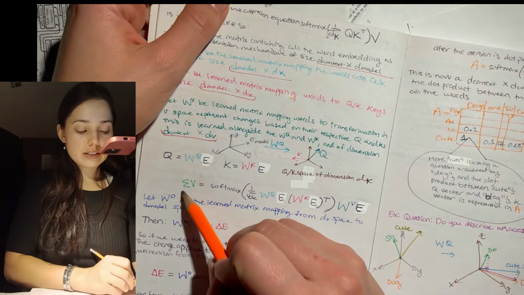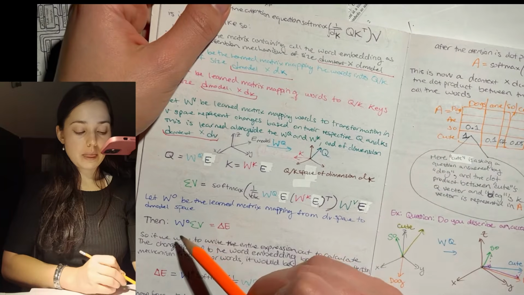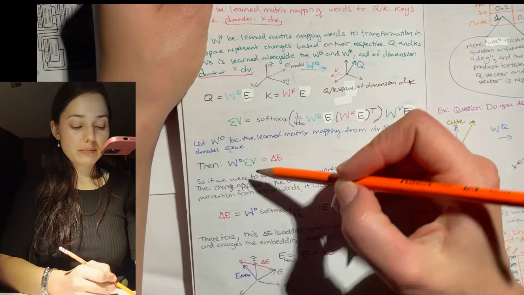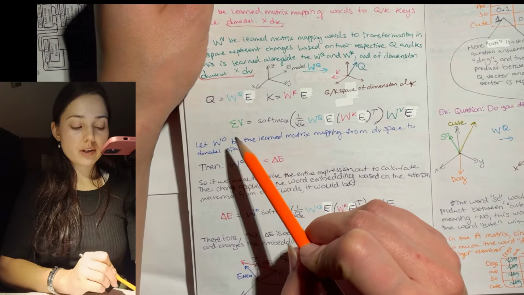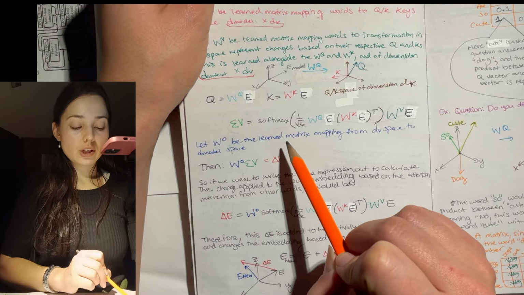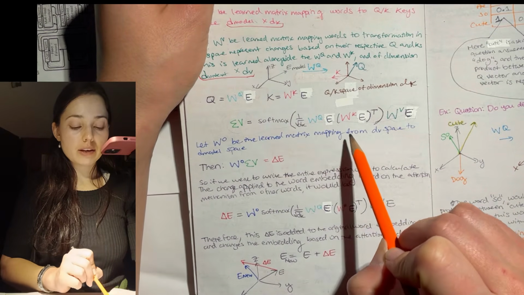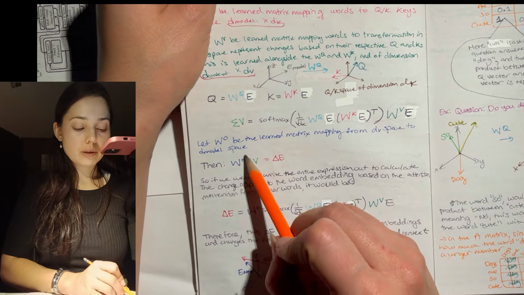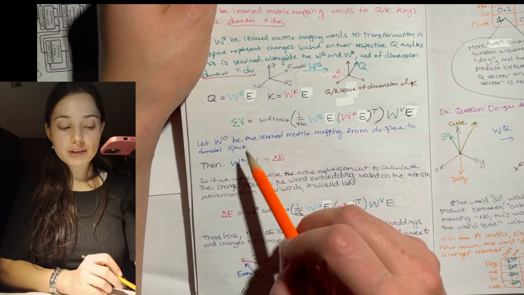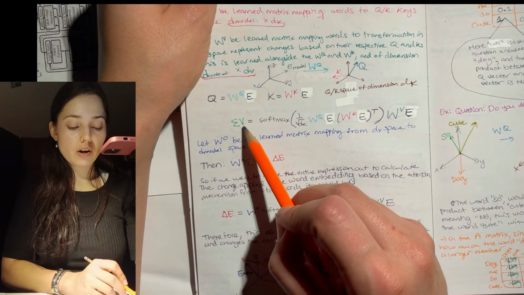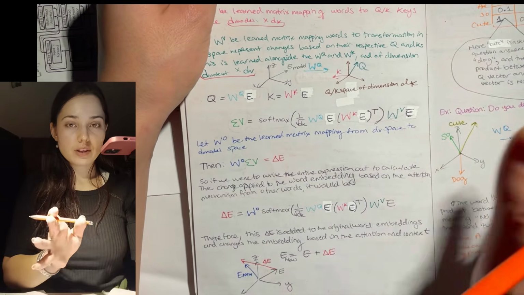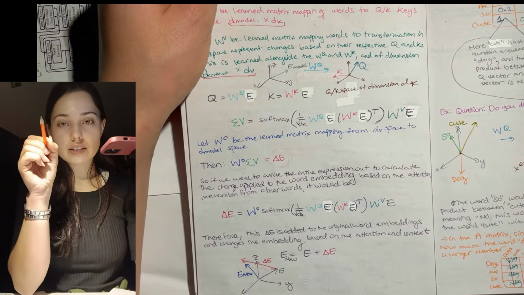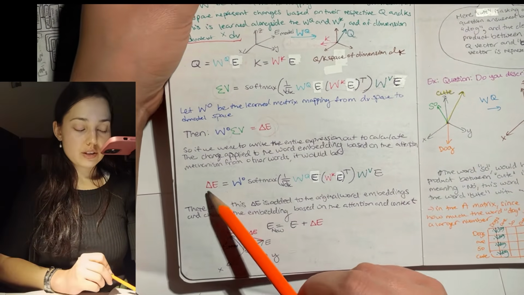Of course, this is actually missing the last one, which is the W naught matrix, and the W naught or W0 is the learned matrix mapping from DV space to model space. So once we apply the W naught matrix onto the sum of all the shifts in DV space, then we can actually get kind of a delta embedding, which is equal to this.